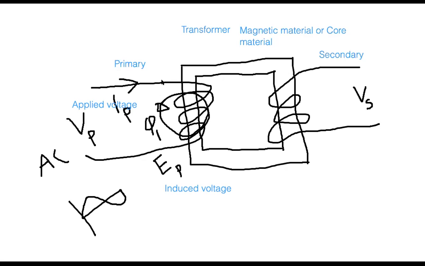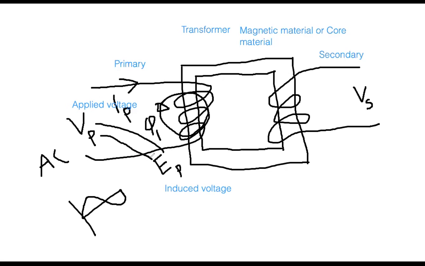If I put resistance, then that is called the real transformer. But right now I am discussing the ideal transformer, therefore I am not showing any resistance of these coils. Because there is no resistance, the applied VP voltage will be equal to the induced voltage, because there is no loss, no drop. The same voltage will be induced here.